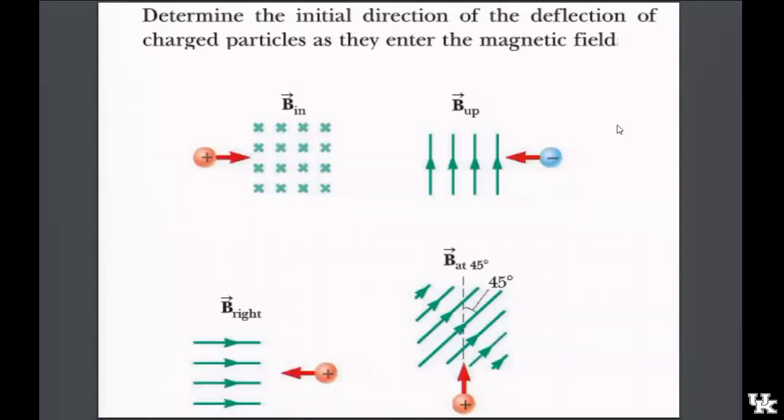We do it with dots and crosses. So this field here, these crosses, are representing a field that's heading in towards the screen. And I don't have an example here, but we'll see it later, I think. If we had dots here, or circles here, that would be a field coming out of the screen towards you.